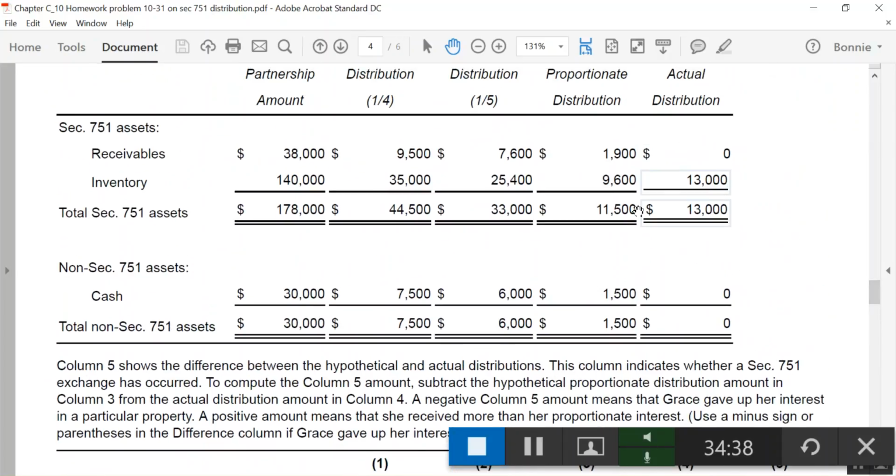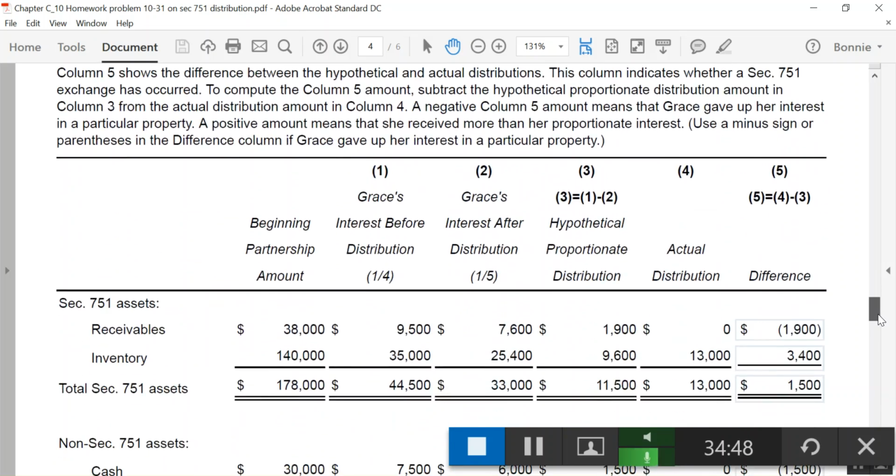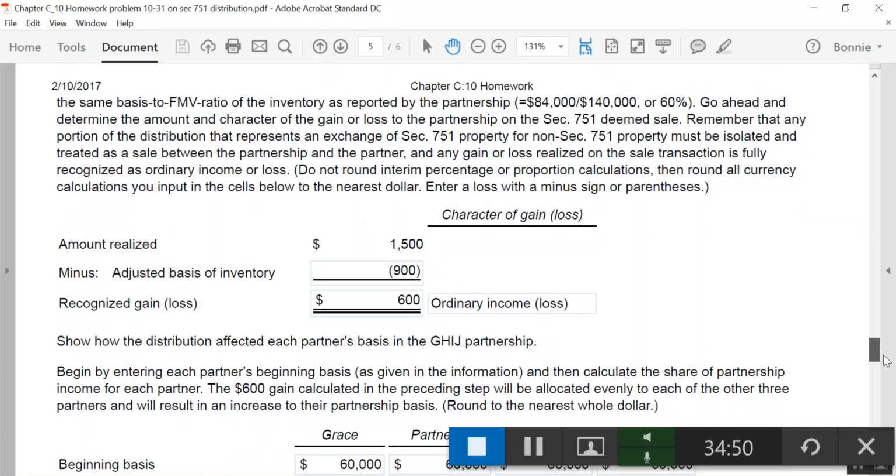Only $13,000 worth of a total worth of 140 was sold. So it's a proportional amount that we need to calculate here. So what we do is we just say, okay, the basis to fair market value of the total inventory as reported by the partnership is 84 over 140.